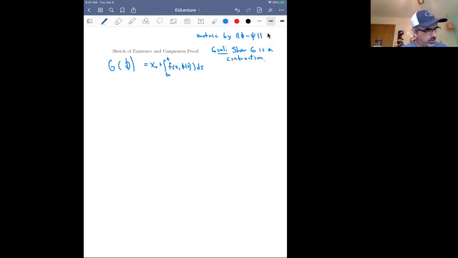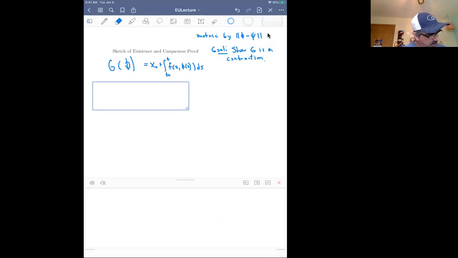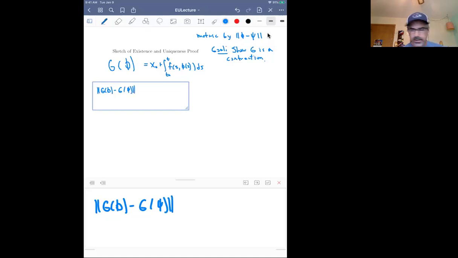All right, so what we're going to do is compute. I can write smaller, except I can't write very well. We're going to look at the distance between G of phi and G of some other function, i.e. point psi.